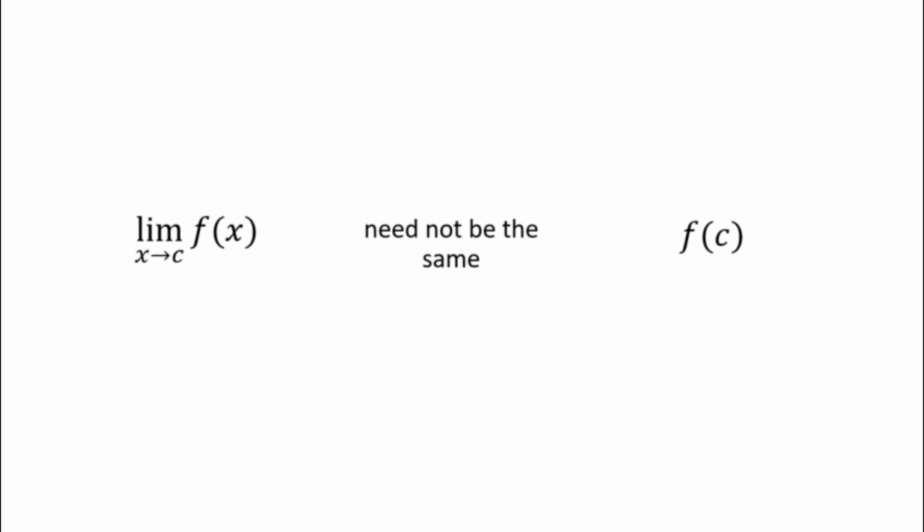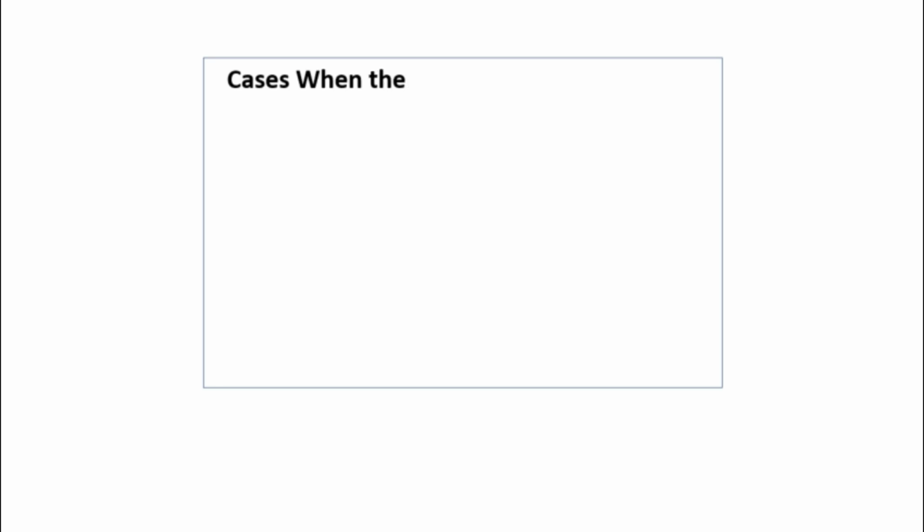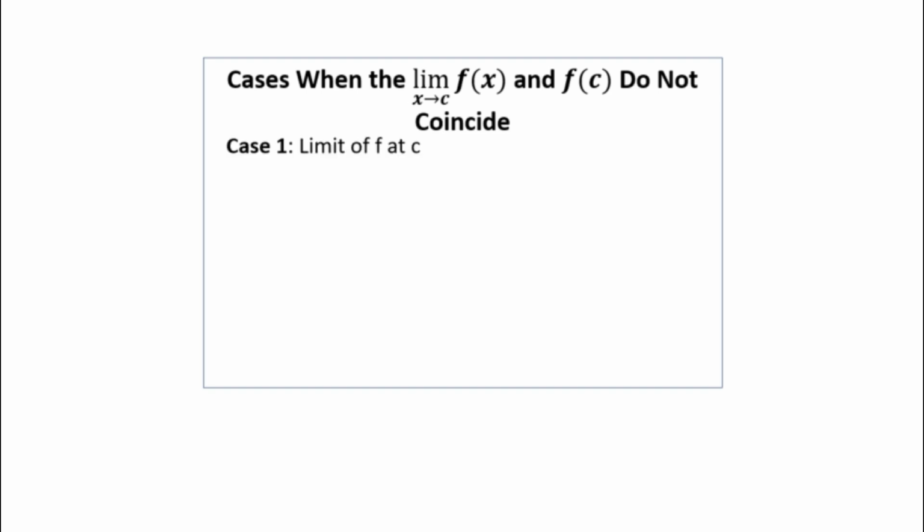We earlier noted that the limit of f at c and the evaluation of f at c are generally not the same. Indeed, when these two do not coincide, four cases are possible. The first case happens when the limit of f at c exists, but f of c does not exist.